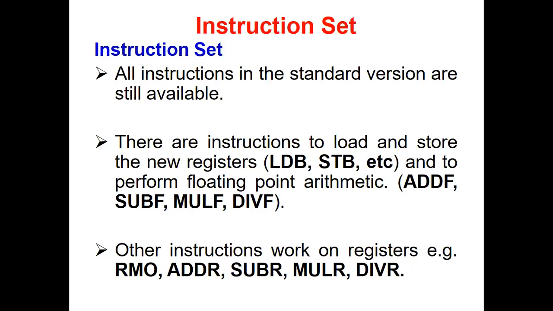For example, since we saw that this time we have got more registers, like you remember, we have register B, register S, register T, and the floating point accumulator, which is register F. Okay, I hope I'm clear now.